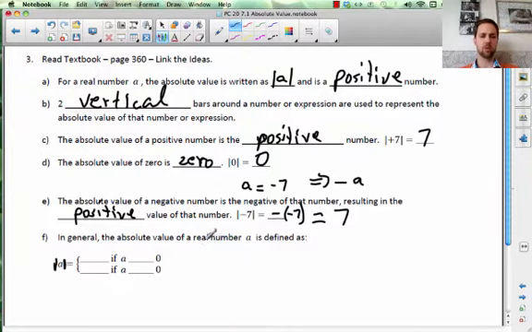So in general, the absolute value of a real number a is defined as this. The absolute value of a is a as long as a is greater than or equal to 0, so a is a positive number. If a is a negative number, then the absolute value of a is negative a. Because if a is negative, then only this negative will turn that negative number into a positive number. So that's only if a is less than or equal to 0.